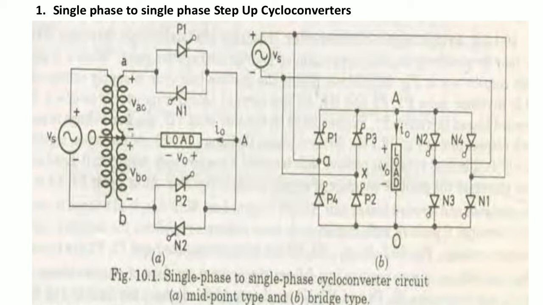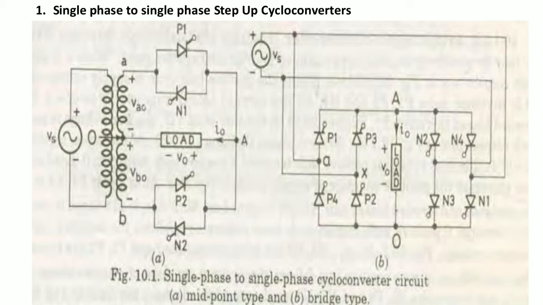So why is there a naming like N and P? The SCRs having the name P will only work for the positive part of the output, and the SCRs having the name N will work for the negative part of the output. You will clearly understand after watching the waveforms.